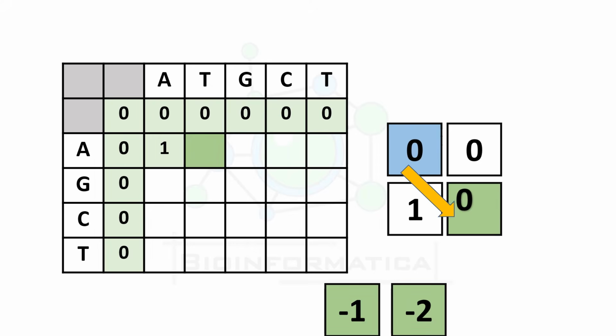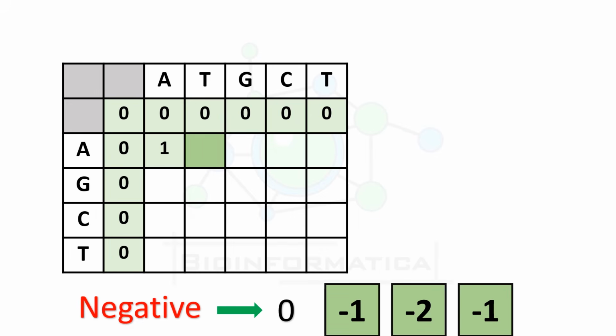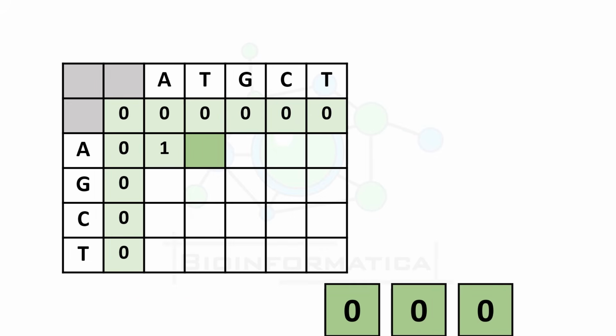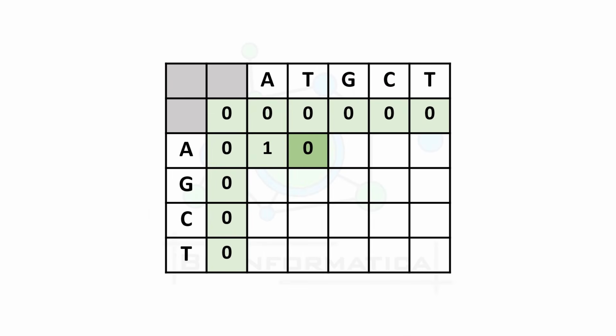Now again we have to check if it is a match or a mismatch. In this case, these are A and T, so this is a mismatch. So we introduce a mismatch penalty to it and the value becomes -1. And as you know, all the negative values become 0. So we get 0, 0 and 0. So we take 0 and put 0 in the cell.